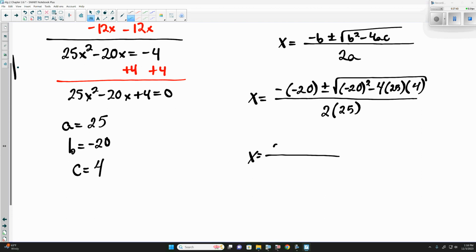Now our negative 20 is just going to be 20. 2 times 25 is 50.